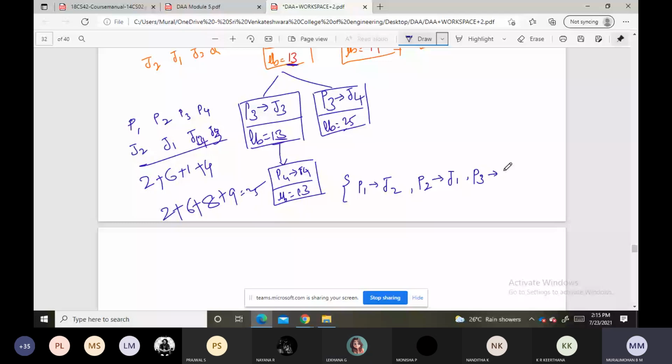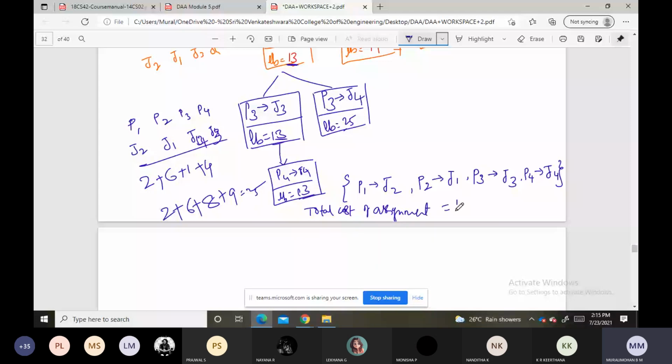So the total cost of the job assignment, how much did you get? 13. So this is the state space tree you should write.